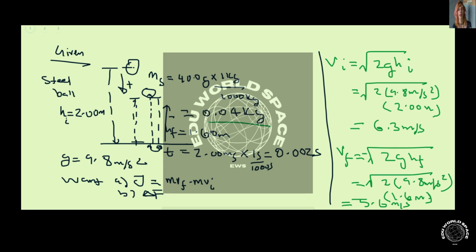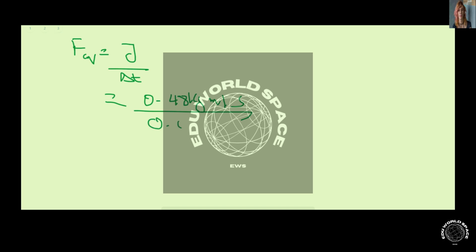The next thing is we know the time of contact, and that's going to help us determine the average force. So force average equals the impulse over the time of contact. We already have the impulse, which is 0.48 kilogram meters per second in magnitude. And the time of contact, if we go back, is 0.002 seconds. So we plug in 0.002 seconds.